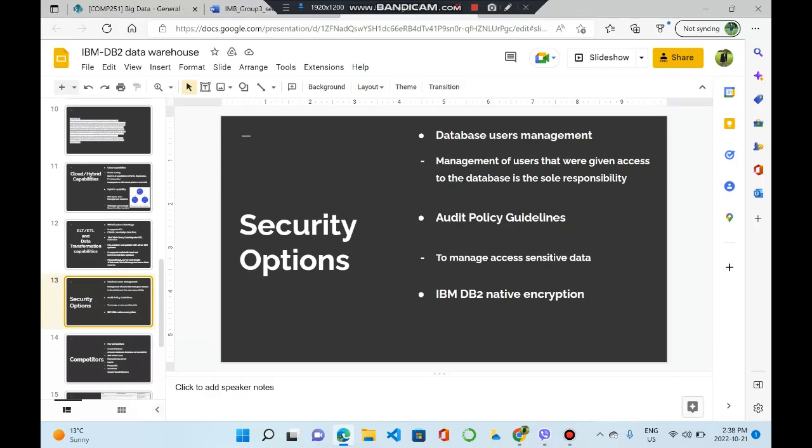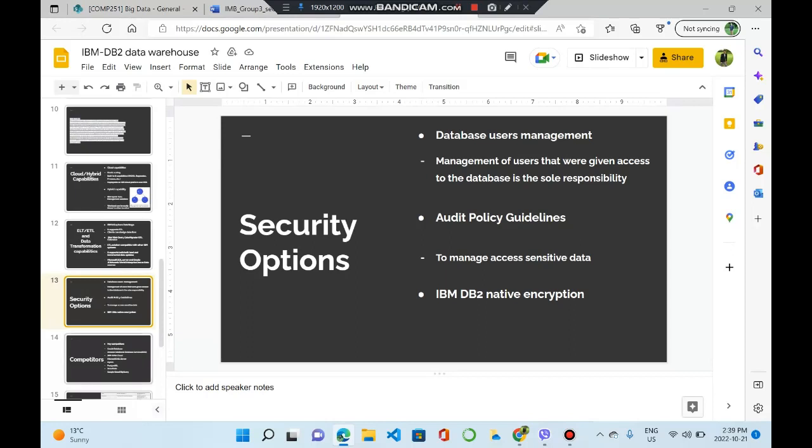But to protect against disclosure from unknown or unacceptable behaviors, you can monitor data access by using the DB2 audit facility and IBM DB2 native encryption. So DB2 Warehouse uses native encryption to secure their data.